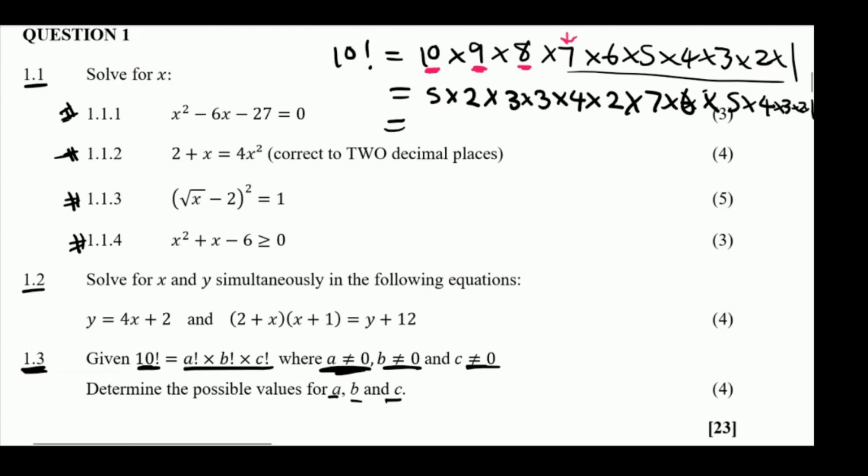So what I'm going to do, I'm going to group everything. This 7 times 6 times 5 times 4 times 3 times 1 is going to be 7 factorial, right? And then this 5 and 4 and 3 and 2 will be 5 factorial.